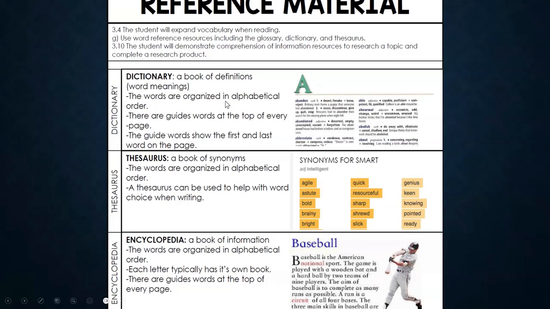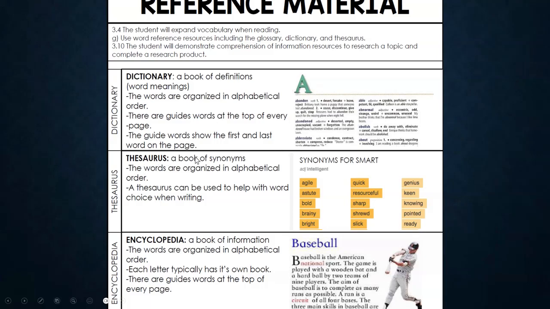The words are organized in alphabetical order. There are guide words at the top of every page, and the guide words show the first and last word on the page. You see how these are in alphabetical order, like A-B-A-N-D-O-N, A-B-A-N-D-O-N-E-D, and then it keeps going, A-B-B-R-E-V-I-A-T-E. So those are in alphabetical order.